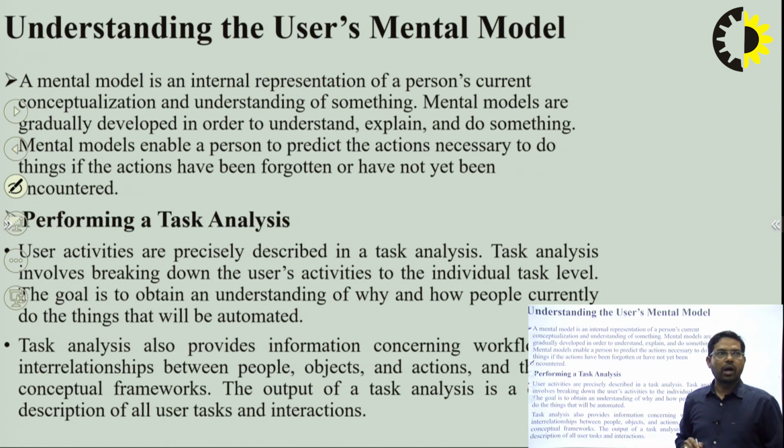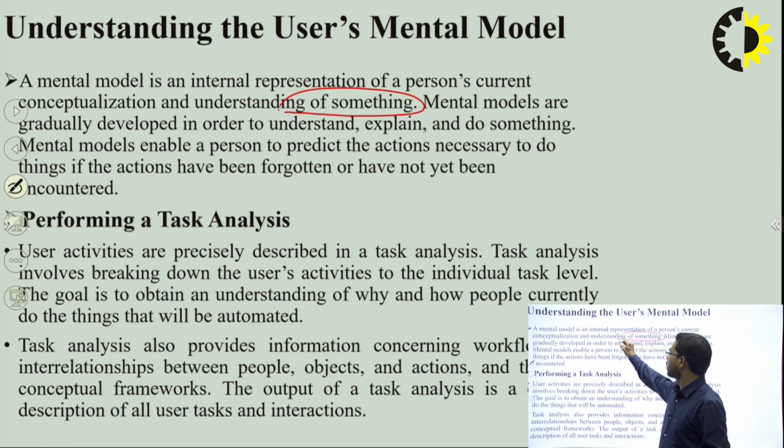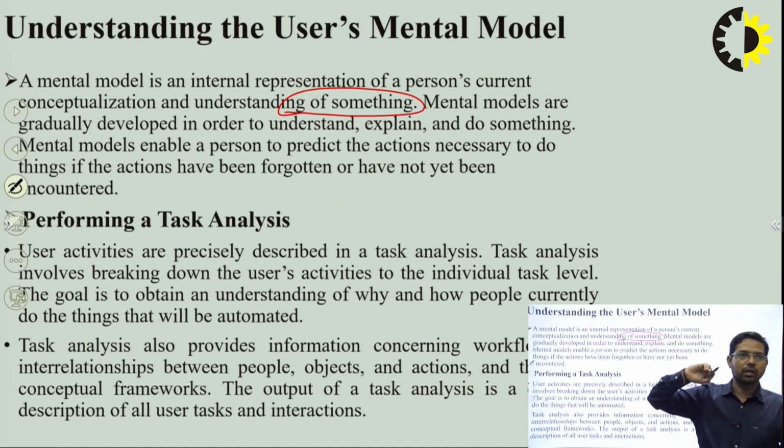So how to understand the user's mental model, how to identify the user's mental model. A mental model is basically an internal representation of a person's current conceptualization and understanding of something. It means the thinking process of particular users.